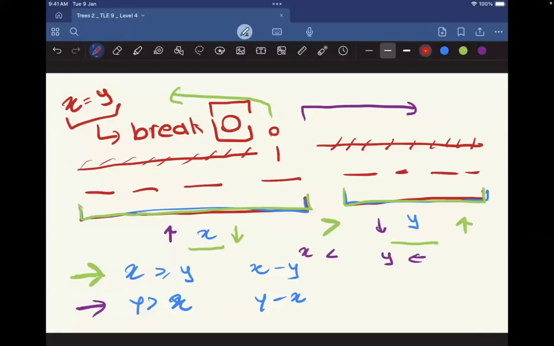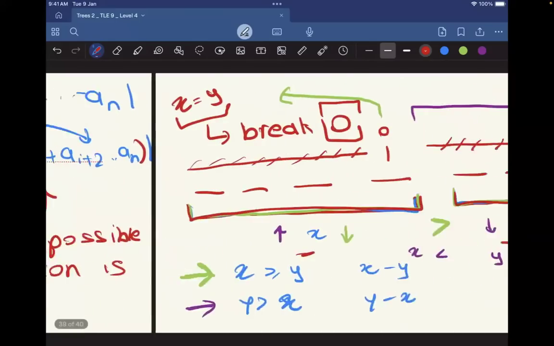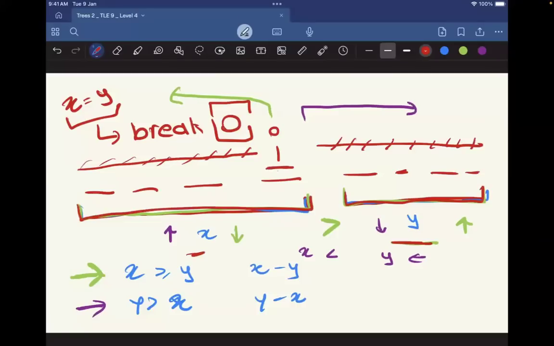Can you please explain this intuition once again? When x is greater than y, all these things. If x is greater than y, this sum is greater than this sum, right? Now we want them to be as close as possible, yes or no? So I would like to move my subarray a little bit less here, and I would like to increase this, so that x becomes as close as y.